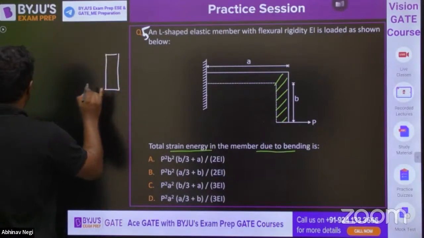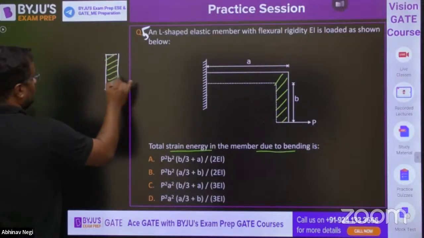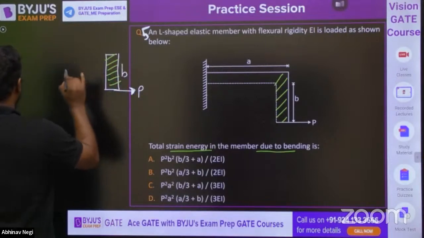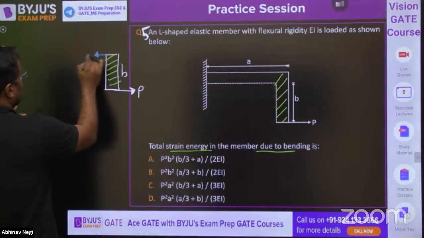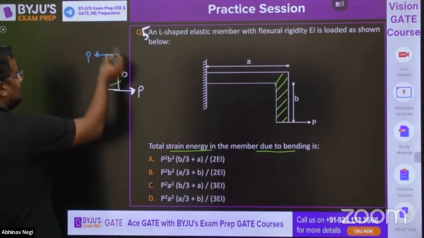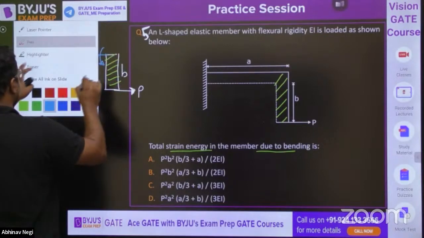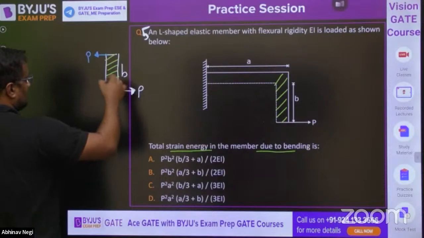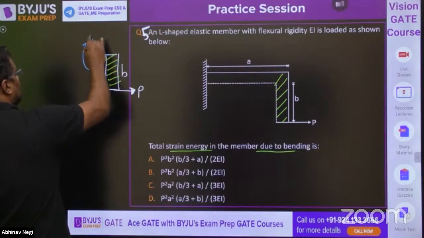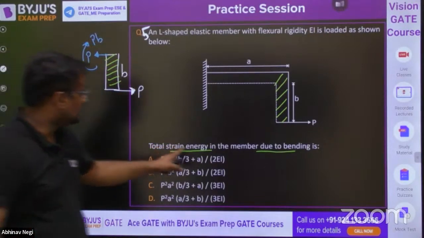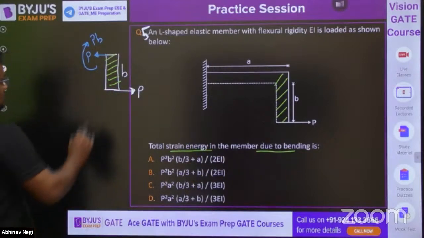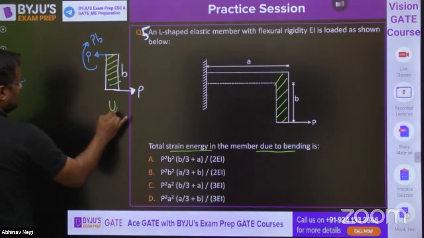Here the P force is acting, and the length is B. From here also the P force is coming for balancing it, and this P into B acts in the opposite direction for moment equilibrium also. About this point, this P into B is anti-clockwise, so here it is clockwise, P into B. But the strain energy is only due to bending, not any shear force or axial force. So in this green part, there is some strain energy U1.